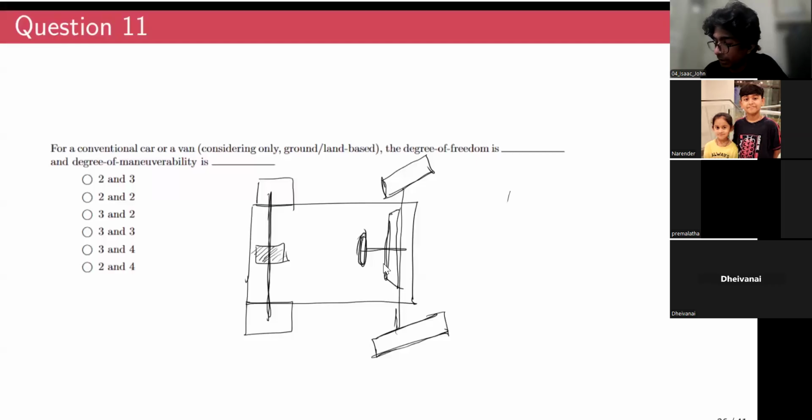So what is degree of maneuverability? Two. Yeah, how did you get that? Can you elaborate on that? Steerability 1 and mobility 1. Okay, that is indeed correct.